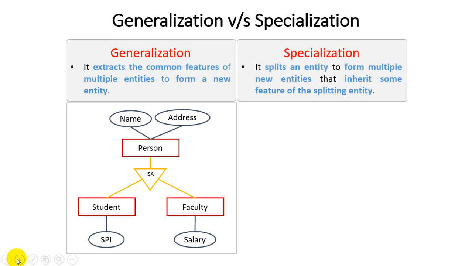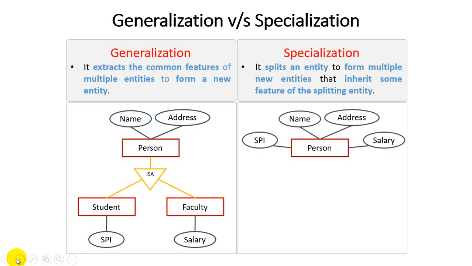What is specialization? It splits an entity into multiple new entities, which inherit some features of the splitting entity. In our generalized concept, we combine some entities and generate a single entity, finding common features based on two different entities. But in specialization, from a single entity, we split into other entities. So we can divide our special entity with respect to different features. The same example we will study in a different manner. A person has different attributes like SPI, name, address and salary.